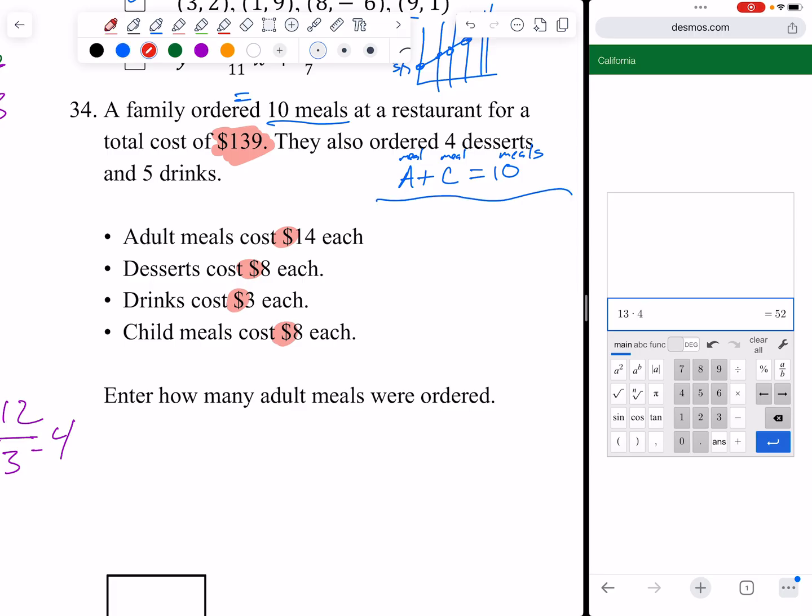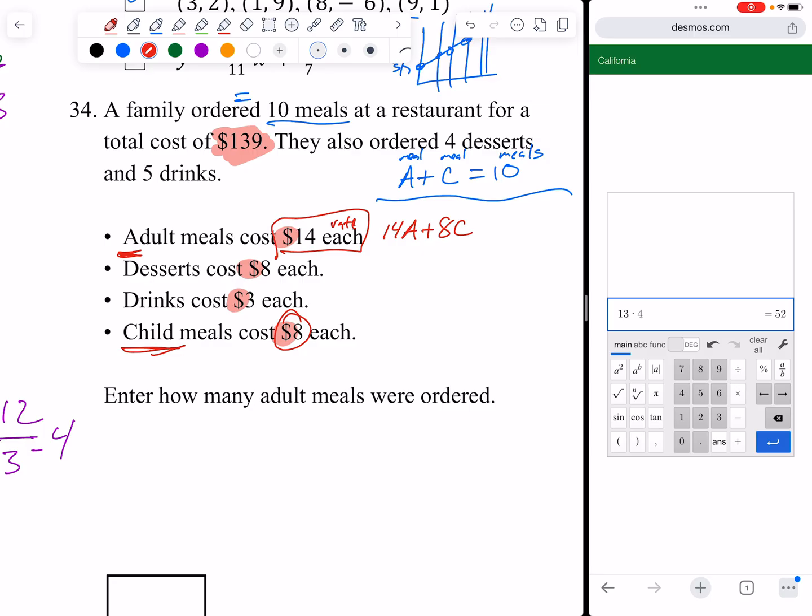Now the other one is going to be, okay, adult meals, I had 14 each. Notice that's my rate. So I had 14 per adult. You see that? Like $2 per hot dog, $10 per game. Okay, so $14 per adult meal. Then I had child meals, $8 each. So that's 8 per child. Now here's the kicker.